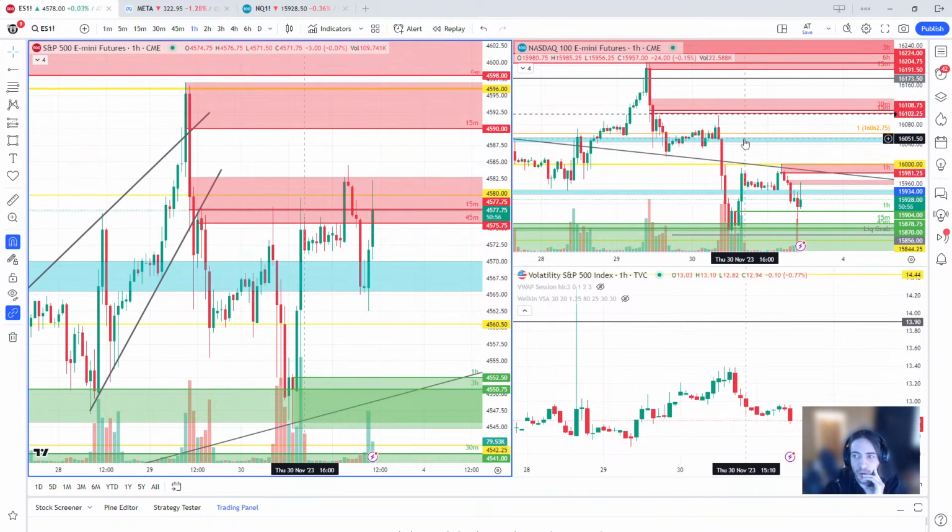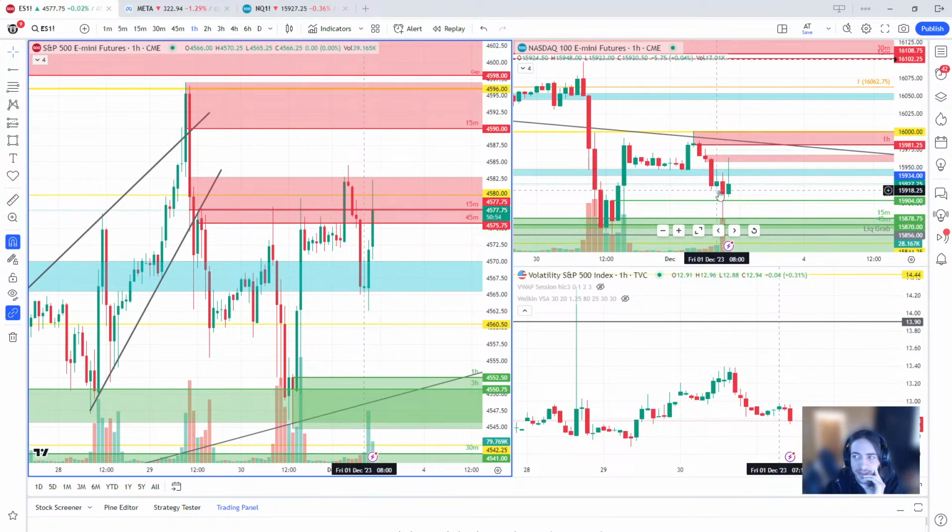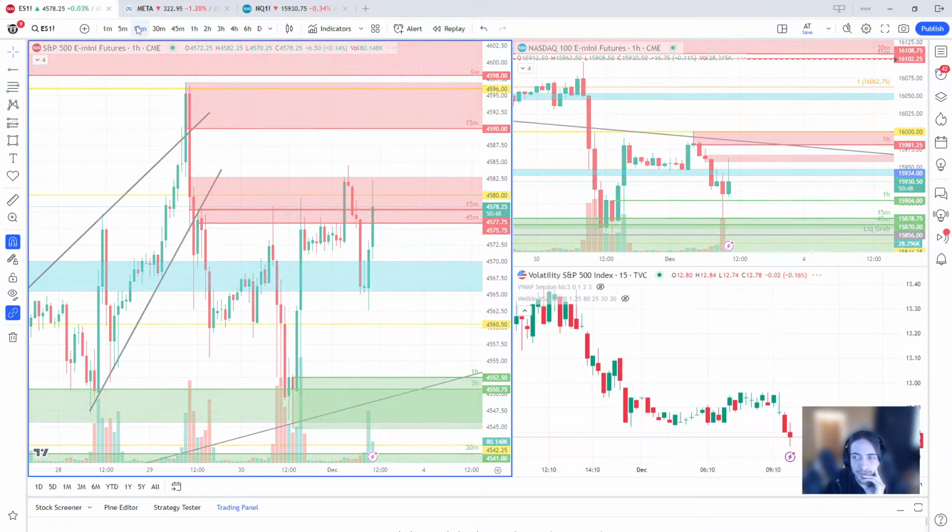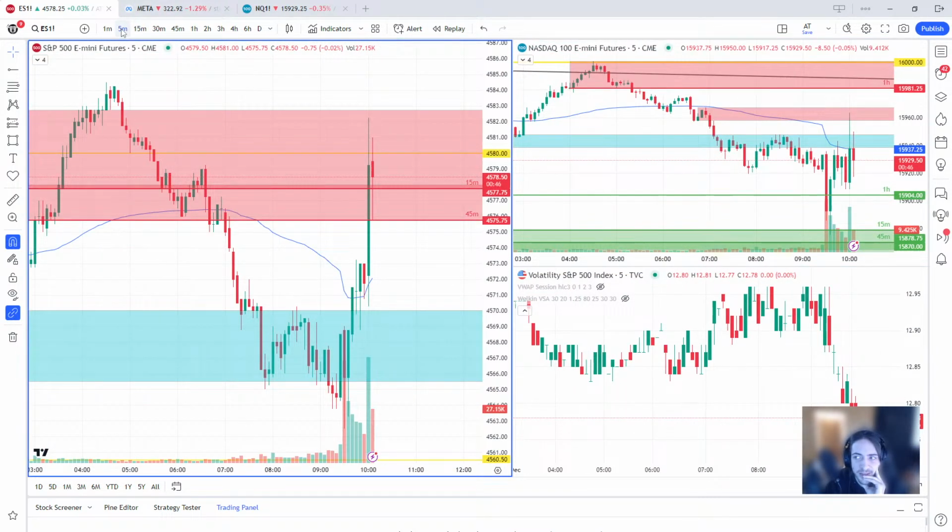Now, if you look at the 1 hour, sort of looks like this is a basing candle on the 1 hour to go long on NASDAQ. So we're going to have to see. I'm going to have to be patient, my guys. Patience is key in the market. Patience is the way to make money.